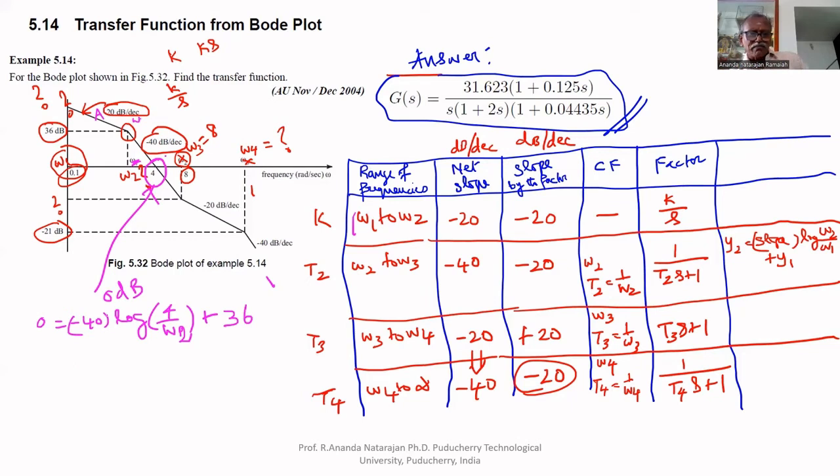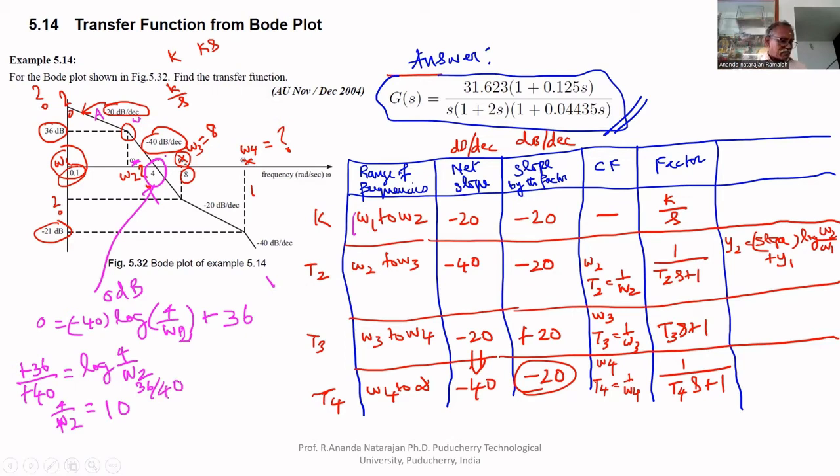Therefore, we can say that minus 36 divided by minus 40 equal to log 4 by omega 2, or 36 by 40 equal to log 4 by omega 2. This becomes positive because both are negative. So 4 by omega 2 equal to 10 to the power 36 by 40.